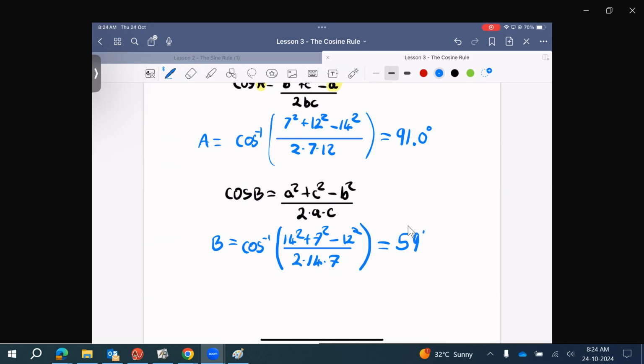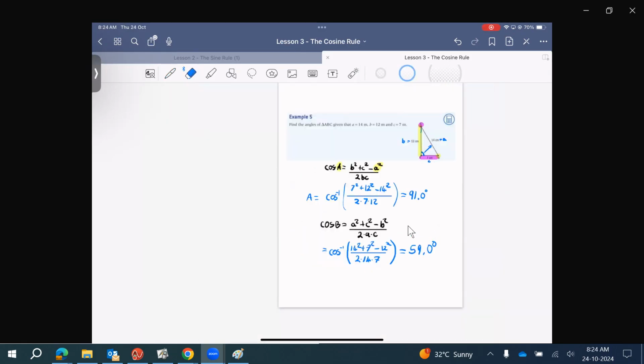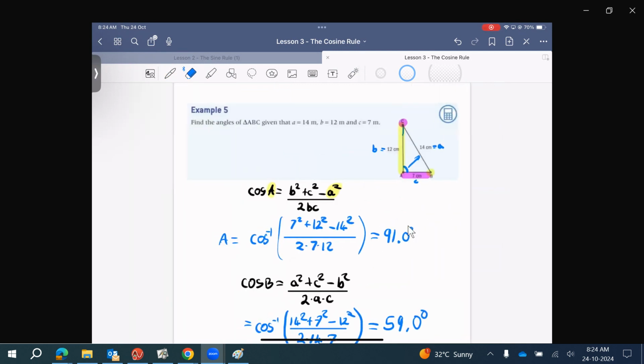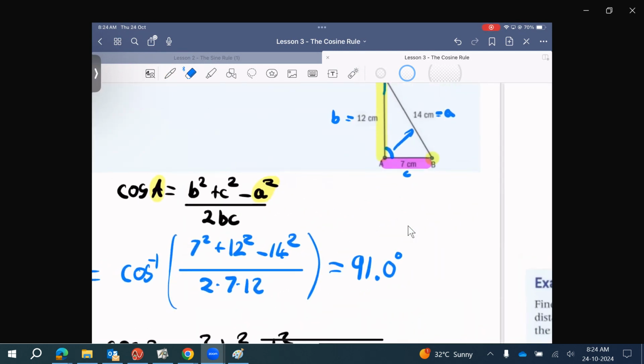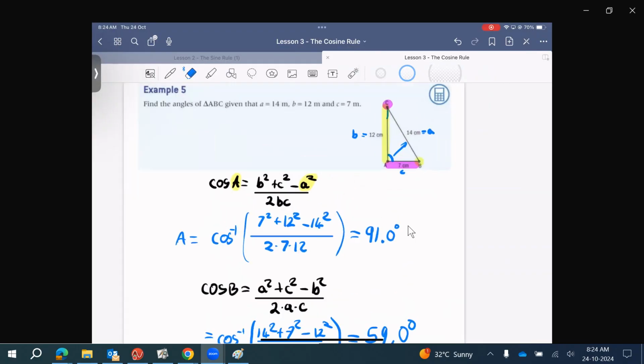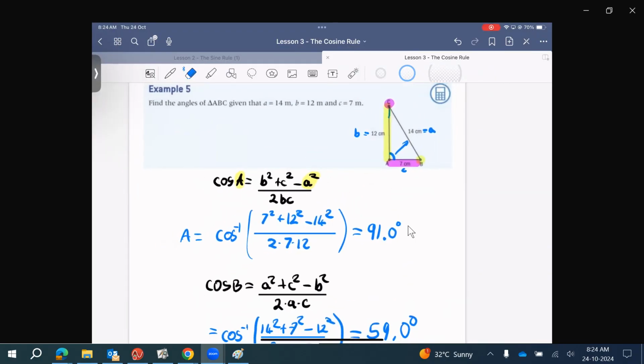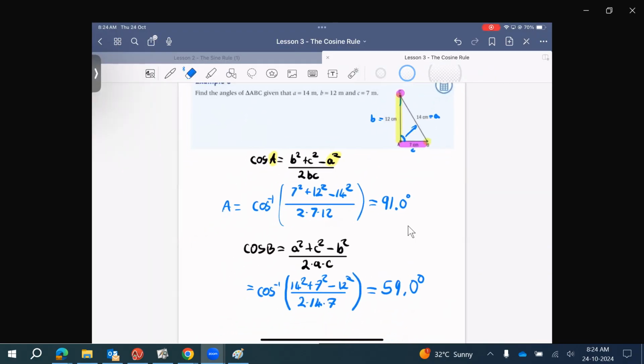Yeah, 59.0 as well. Oh, that was C. I'm writing the wrong letter there. All right, let me get this one right. So we are using 14 and 7, I am calculating B.